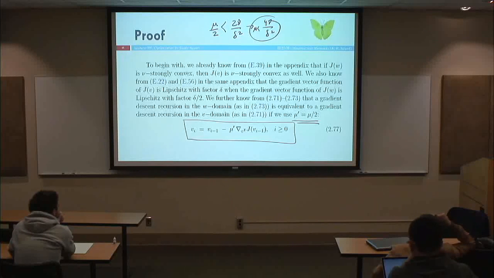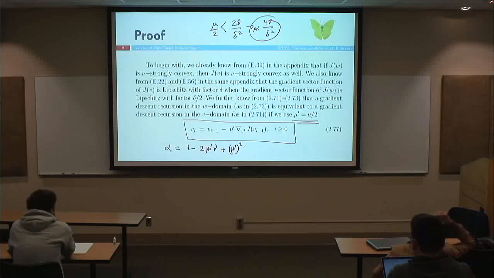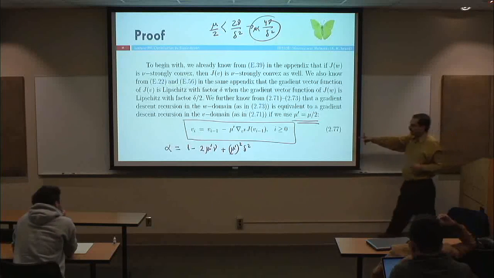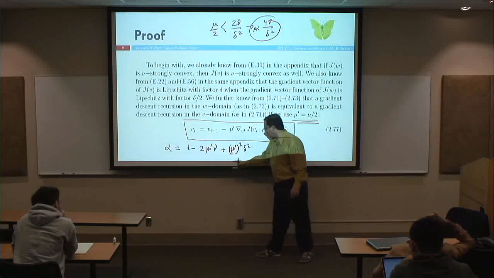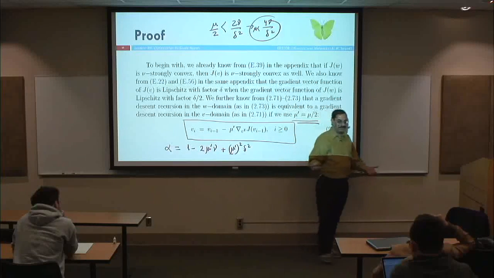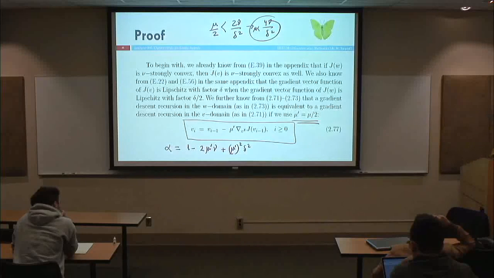You get the bound. And what was alpha? Alpha was, in the real case, 1 minus 2 mu prime nu plus mu prime squared delta squared, right? If I got it correct. Now replace mu prime by mu over 2, or mu over h, right? Mu over h, that's exactly right, this statement.